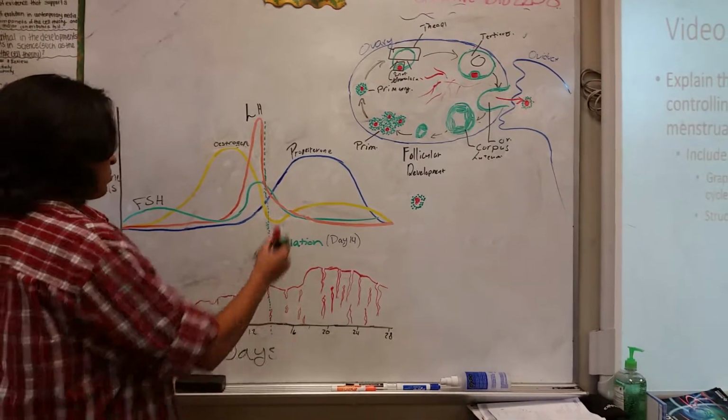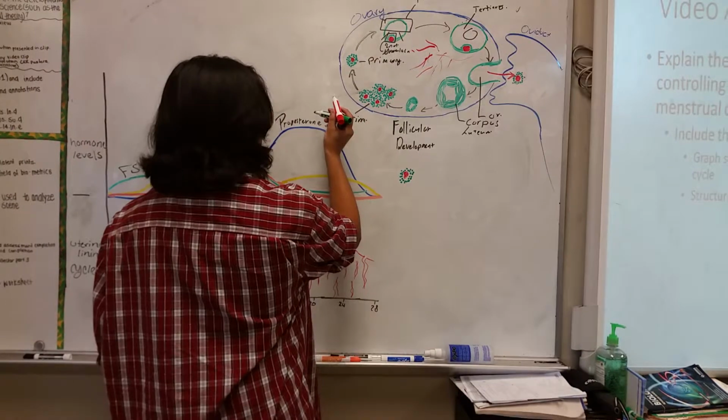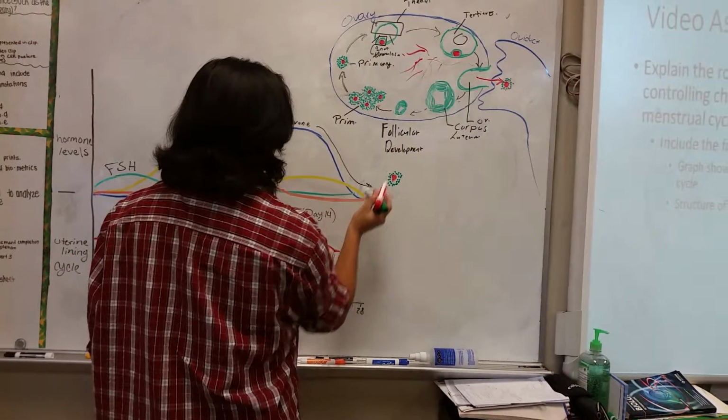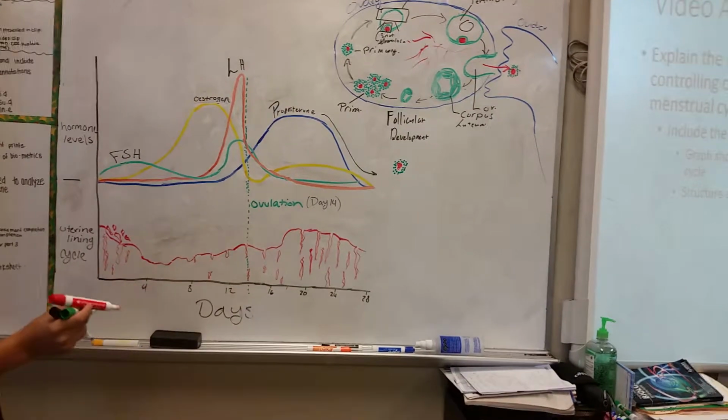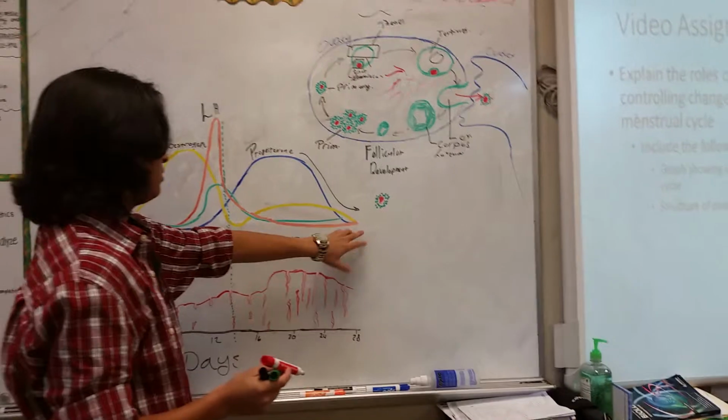Finally, gradually over time, we see when pregnancy doesn't occur, our progesterone levels are going to start declining again, and all of our hormonal levels just fall back to normal.